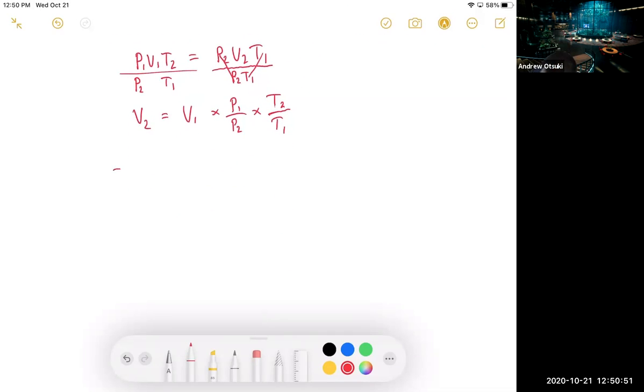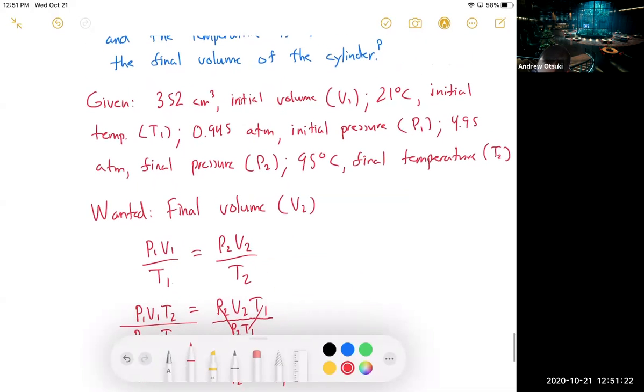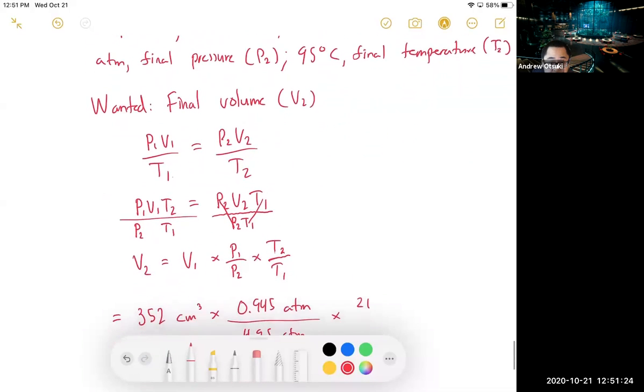Then we just plug and chug: 352 centimeters cubed times, they're in the same units, so there's no need to convert anything, 4.95 ATM times, now our temperature. Let's just make sure that our final temperature is T2.